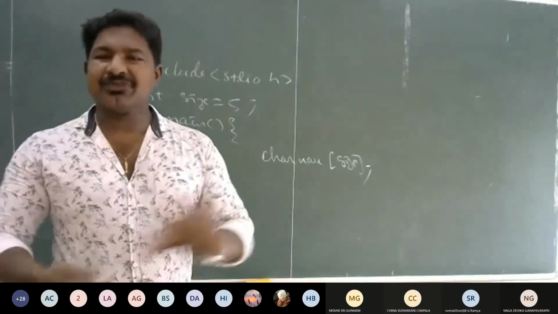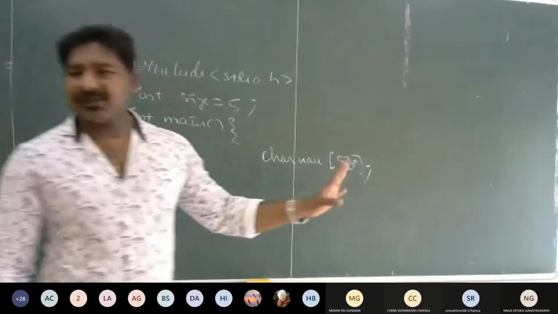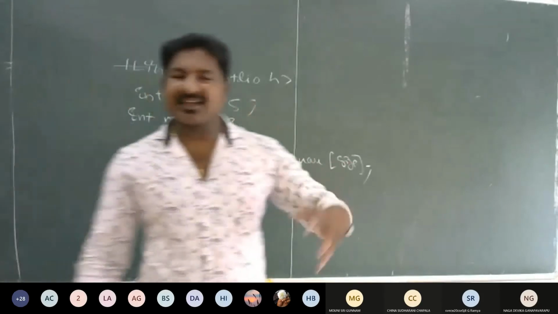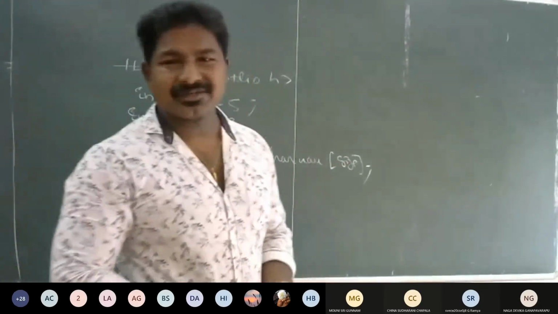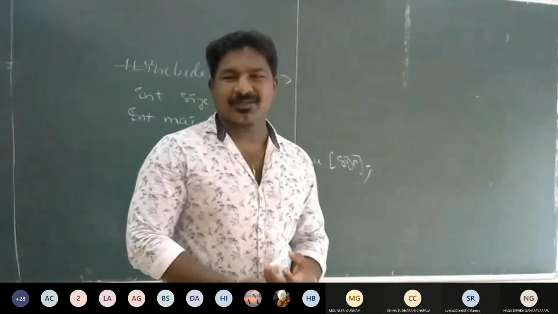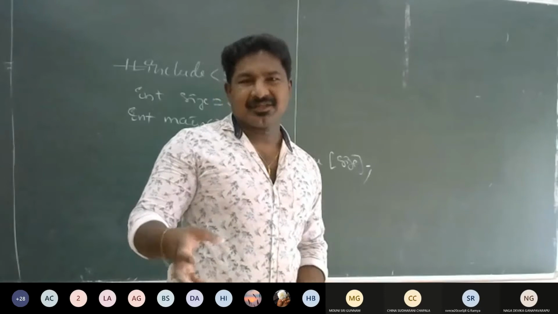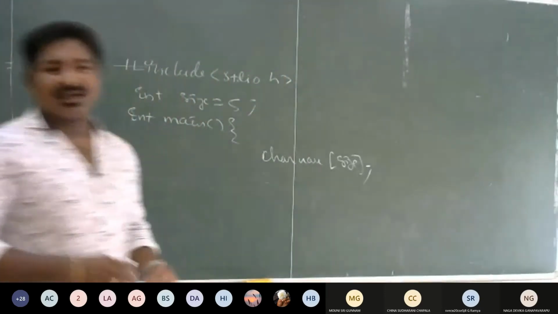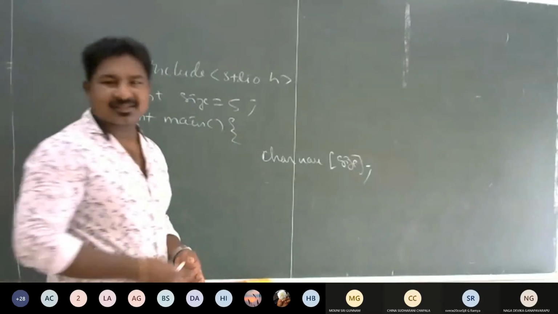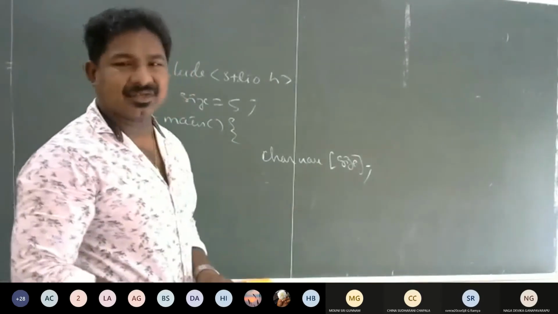You cannot increase or decrease it. If you want to increase or decrease the array size, you can use a concept called dynamic memory allocation functions. With that you can create arrays with variable sizes, or change the sizes of your arrays. But here it is fixed.